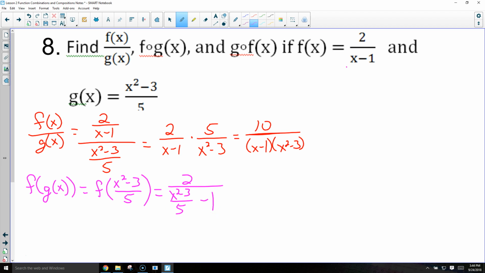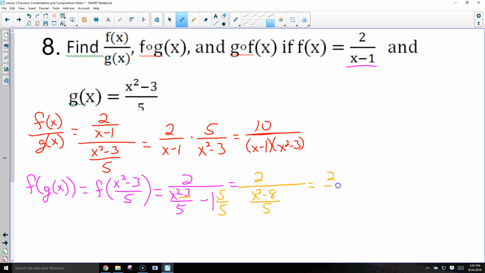Don't forget the minus 1 because it was x minus 1 here. So on bottom, I'm going to get a common denominator, so I'm going to change that minus 1 to minus 5 over 5. So I get 2 all over x squared minus 8 over 5. I got negative 8 because negative 3 minus 5 is negative 8.